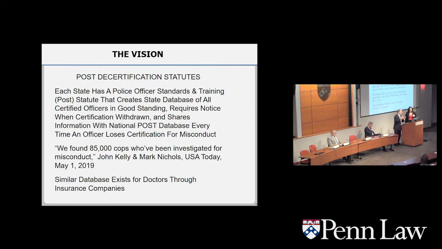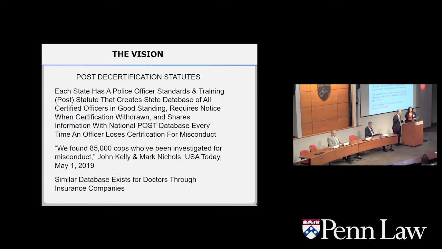But there is another idea that has been out there for a long time that Chief Ramsey and the Commission on 21st Century Policing heartily recommended. And these are what's known as post-decertification statutes, police officer standards and training decertification statutes.